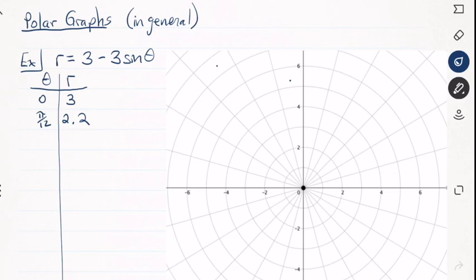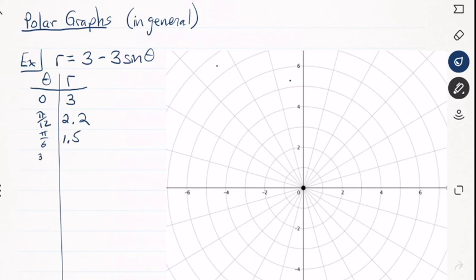All right, and then 2 pi over 12, better known as pi over 6. Change this to 6. And I get 1.5, which makes sense because sine of pi over 6 is a half, so that would be 3 minus 3 halves.